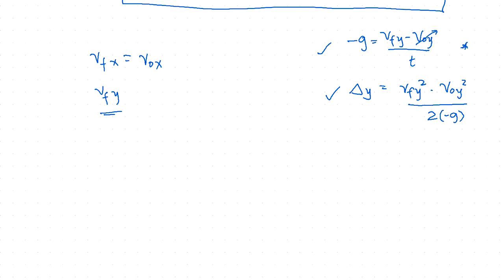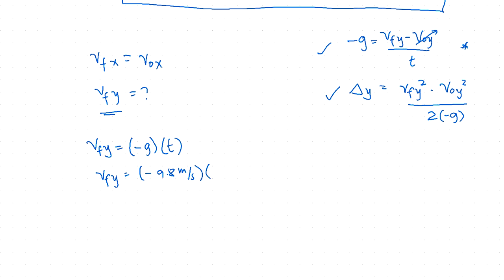So, sige, hanapin natin yung y component ng final velocity. So, we can know that using the first equation, we have the final velocity is equals to the product of the negative g times the time. So, makukuha natin yung final velocity on the y as negative 9.8 meters per second multiplied to the time.